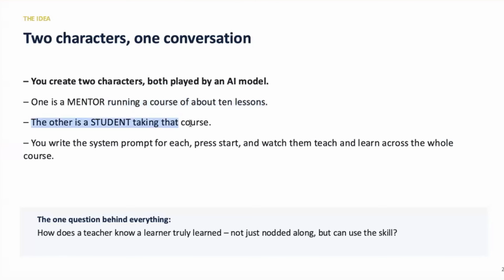So you better really spend your time on student behavior, so the student is as realistic as possible. So you write system prompts for each, and then you press start, and then you see how the dialogue goes on, and you decide, okay, our mentor is not good enough, and then you fix the prompt, and then you run it again, and then you say, okay, now our student is not behaving like a real person, and then you change the student, and then you run it again, and then you say, okay, now the mentor is not good enough, and so on and so on.